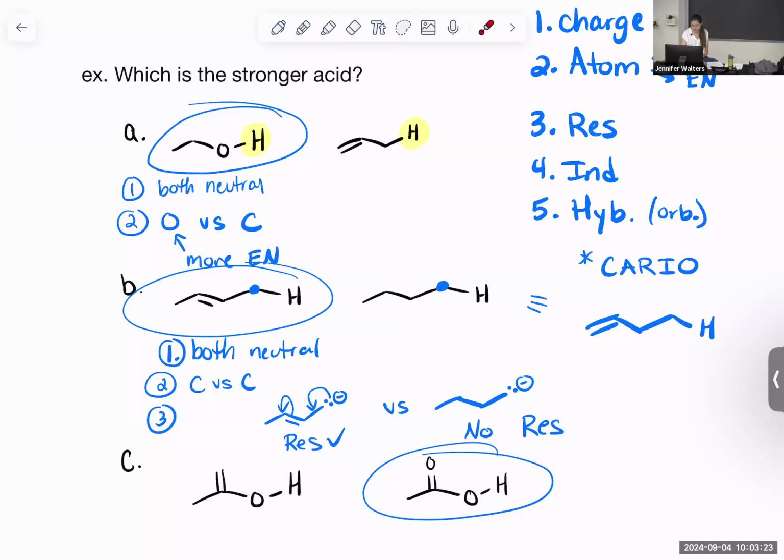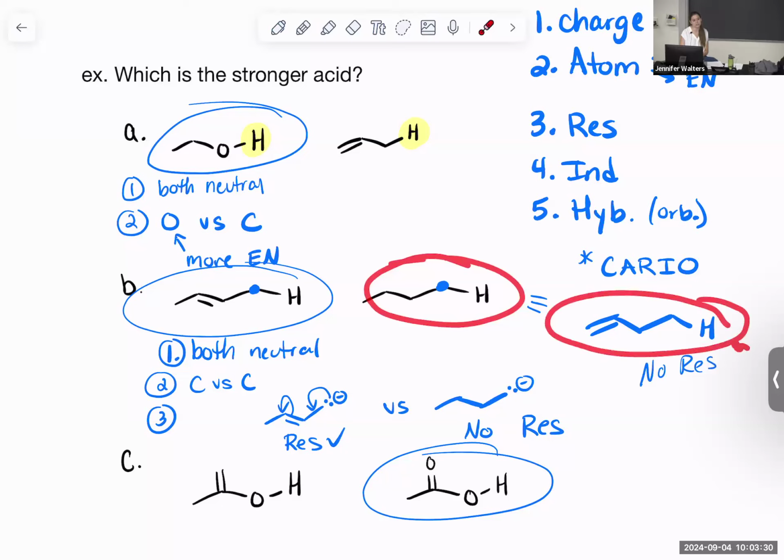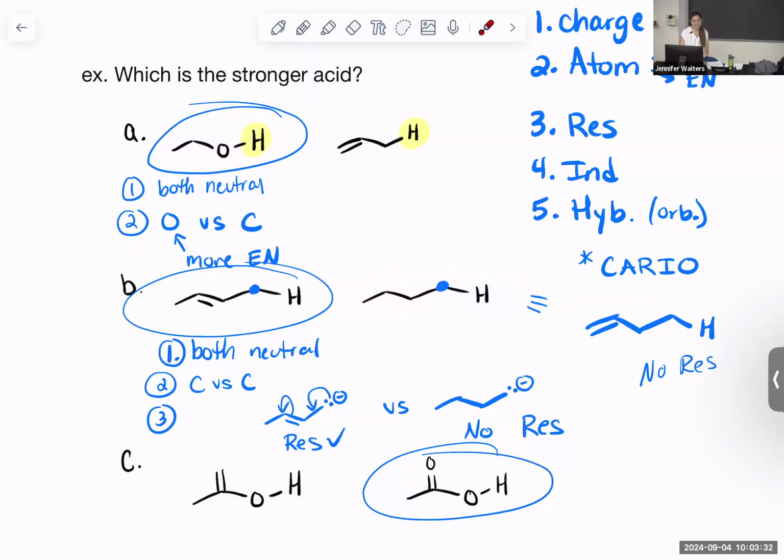Because this has no resonance. So now these two molecules have about the same pKa because there's no resonance. So it's not just the identity of the double bond, it's the proximity to the hydrogen. It's the fact that when you make the conjugate base, you have the lone pair next to the double bond, then I get resonance. Cool, that's a good clarification.